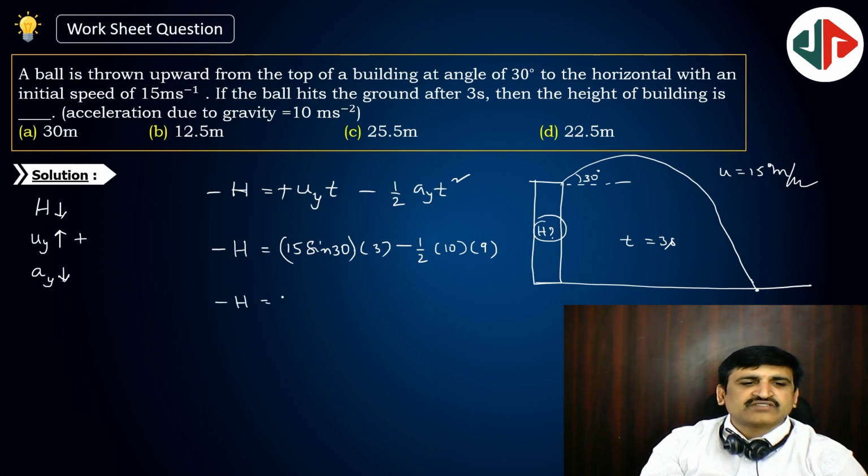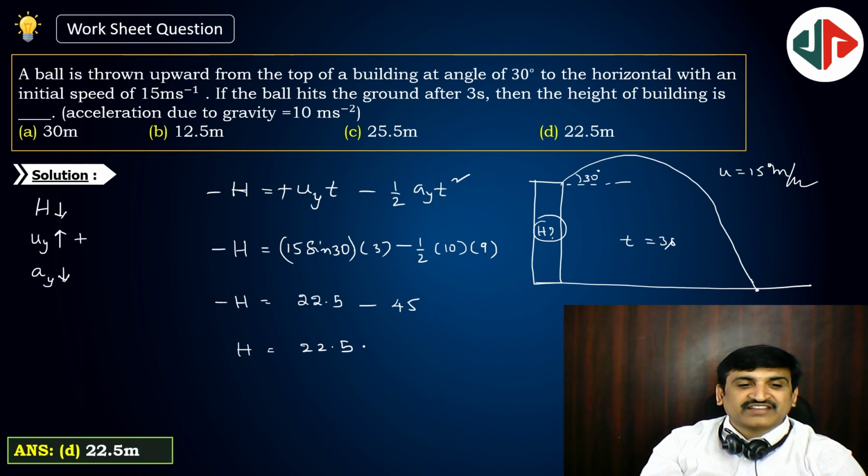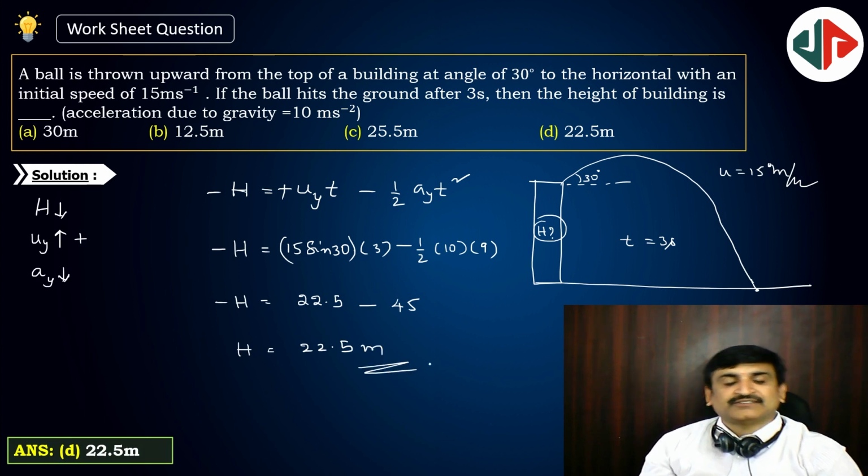Minus h is equal to 1 by 2 into 15, 3 15s are 45, so 22.5, minus 90 by 2, 45. 22.5 only will come then. H is equal to 22.5, option C, no, D. Observe carefully, otherwise you will be booked. Next.